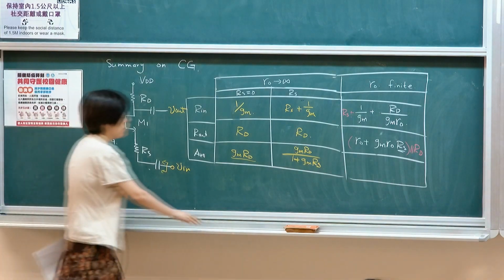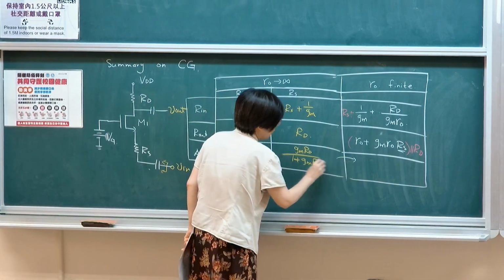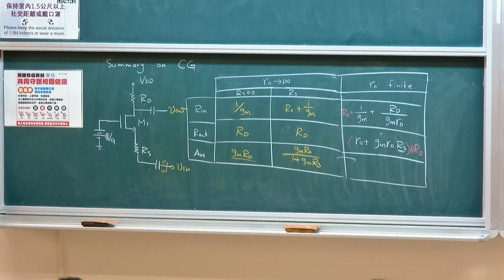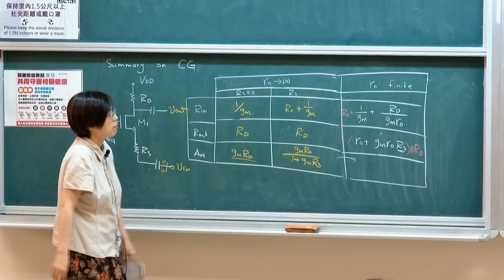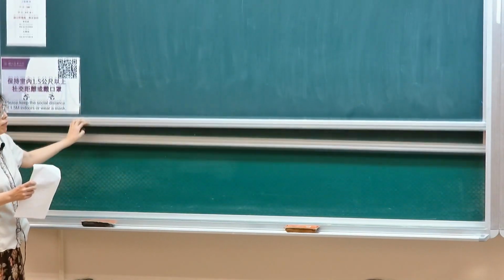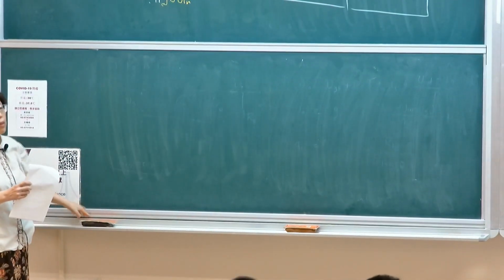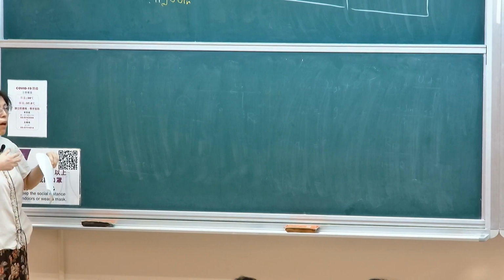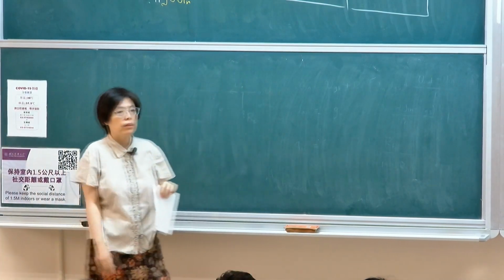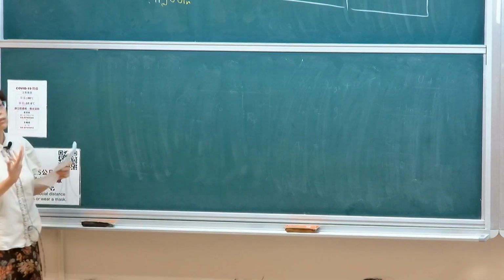And including RS, it will be very similar to this. If it's RD, mostly RD still dominates. The main effect will be on the impedance itself. The overall gain will be dominated by RD in most cases when you discuss the gain.